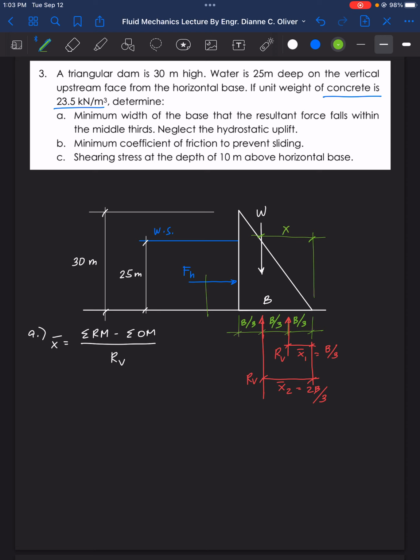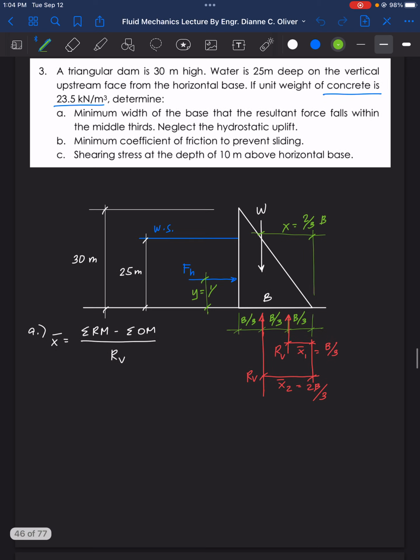This X distance here is 2/3 of the base. Then this one here is Y, or 1/3 of 25. That is 25 over 3.